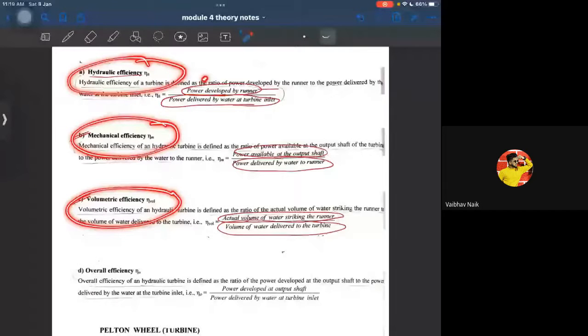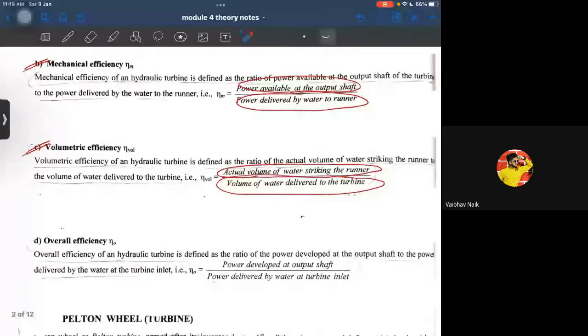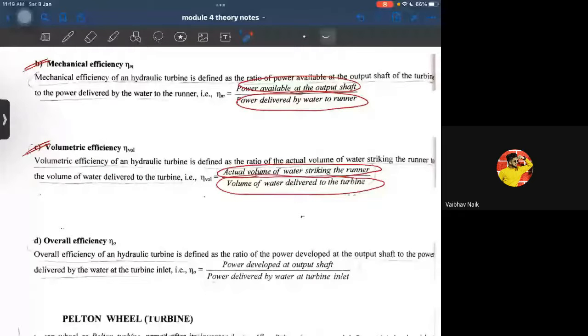But if you want to define it in a specific manner, you can define it as the ratio of power developed at the output shaft divided by power delivered by the water at the turbine inlet. That means it is cumulative of hydraulic efficiency, mechanical efficiency, and even volumetric efficiency. All these efficiencies put together are known as overall efficiency. Is that clear? Shall we move on?